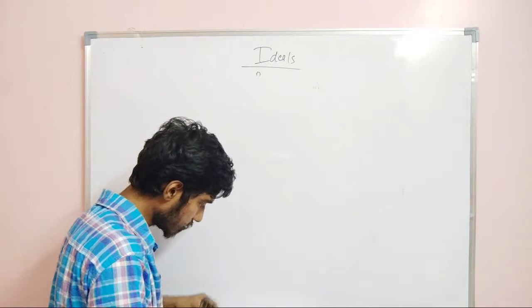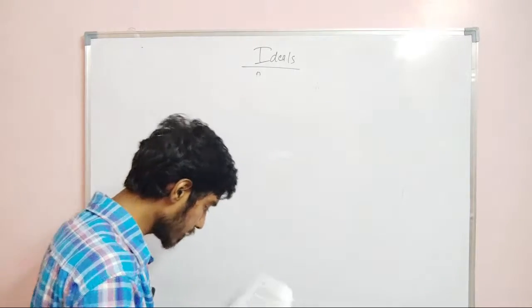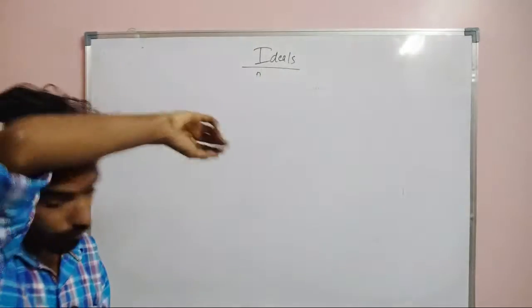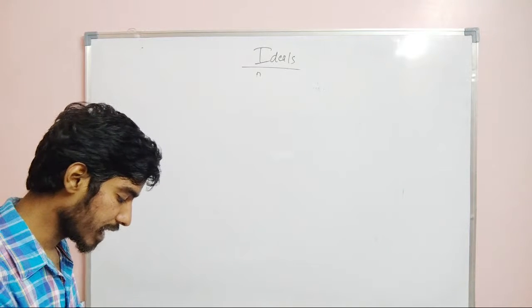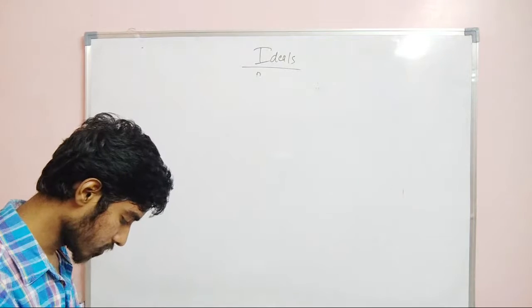Now the second theorem. Next we will move on to the next topic, which is proper ideal. A commutative ring with unity is a field if it has no proper ideal. Okay, we will prove this.